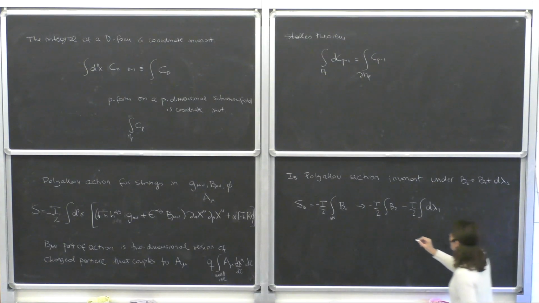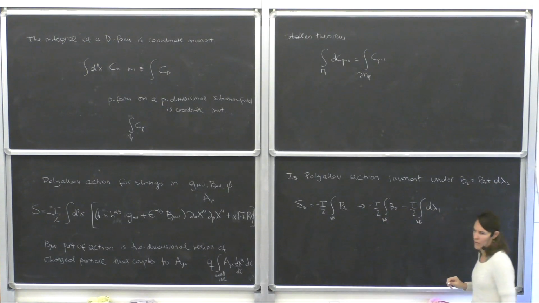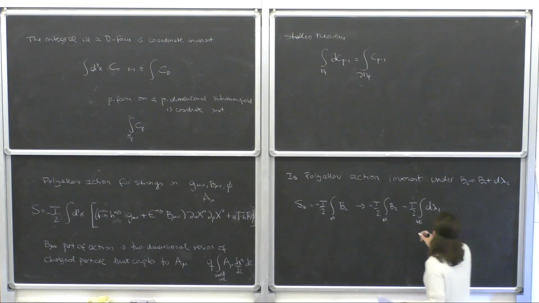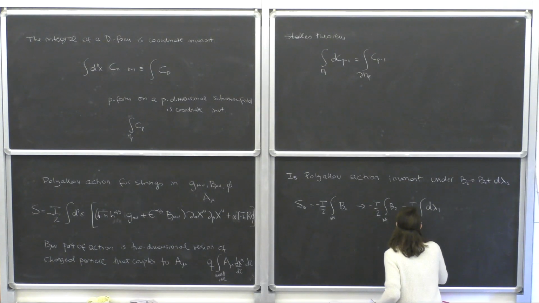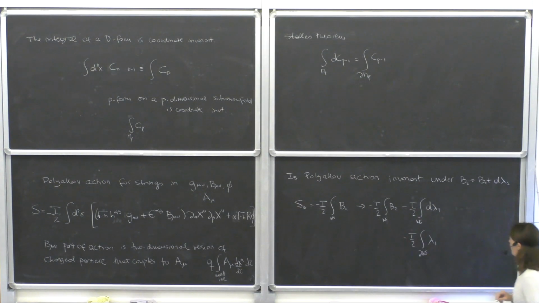Now you can tell me if this is invariant or not. We can use the Stokes theorem. So this is minus T over 2 integral over the boundary of the worldsheet of lambda 1. Very good.